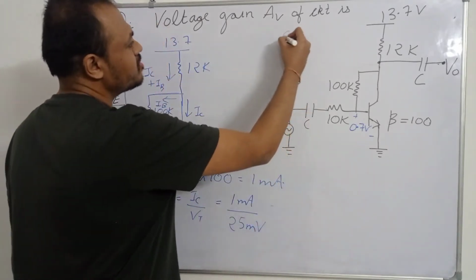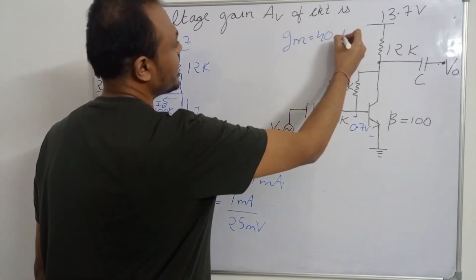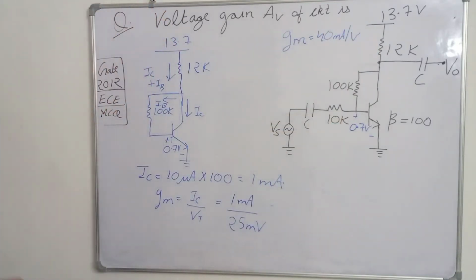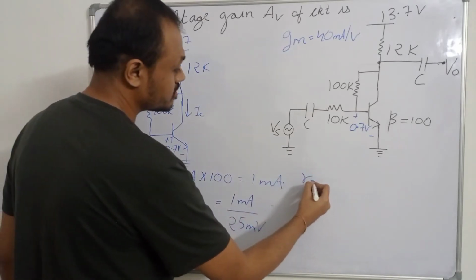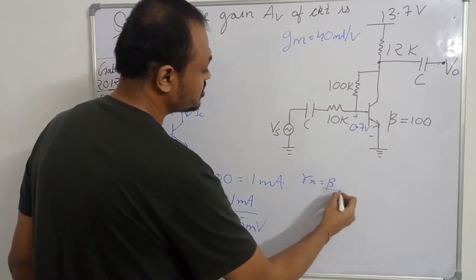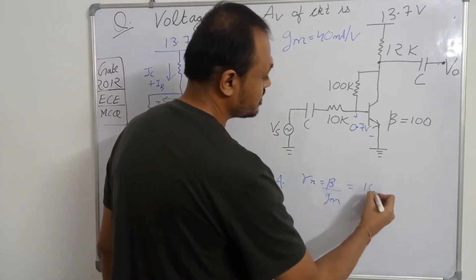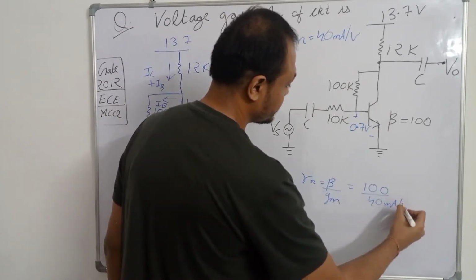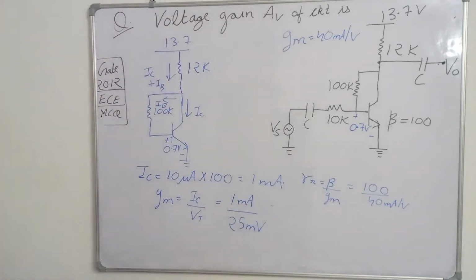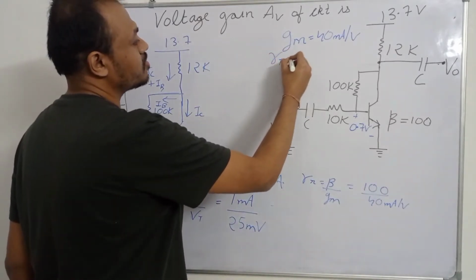So gm will be equal to 40 milliampere per volt, and RPi will be equal to beta upon gm. So 100 upon 40 milliampere per volt. So this will be equal to 2.5 kilo ohm. So RPi is equal to 2.5 kilo ohm.